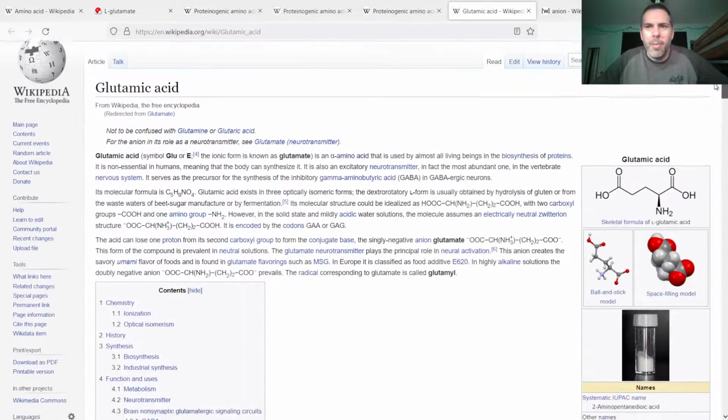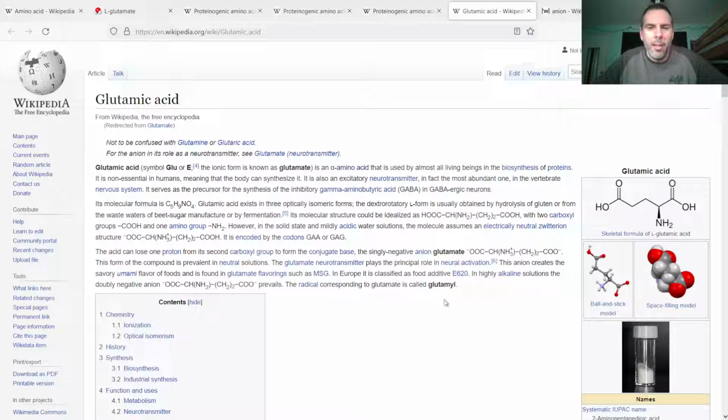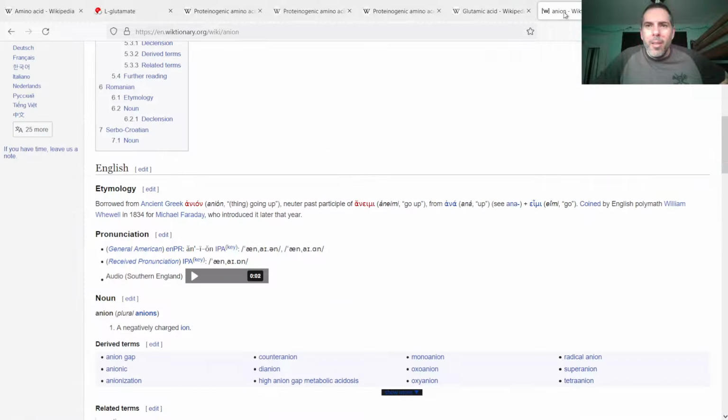And I think that's pretty much everything I was going to say, but I should have mentioned this in the summary video maybe. Since it's negatively charged, it's called an anion, and the name changes to glutamate. But I just wanted to point out that in anion, the "an" prefix is a Greek word for up, and it comes up in a variety of contexts.